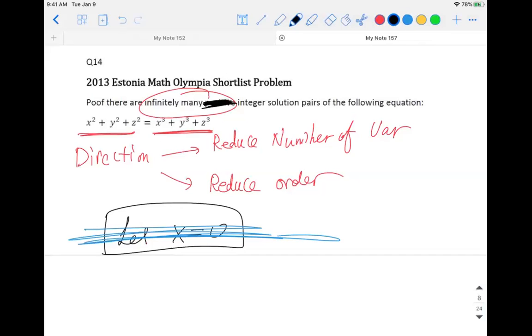So, any ideas? One of the things I hate a lot is there are 3 cubic terms. How can I reduce the 3 cubic terms? Maybe to 1. I don't think I can reduce them all, right?